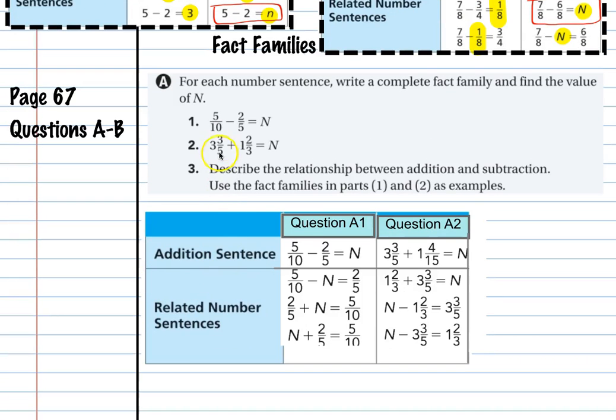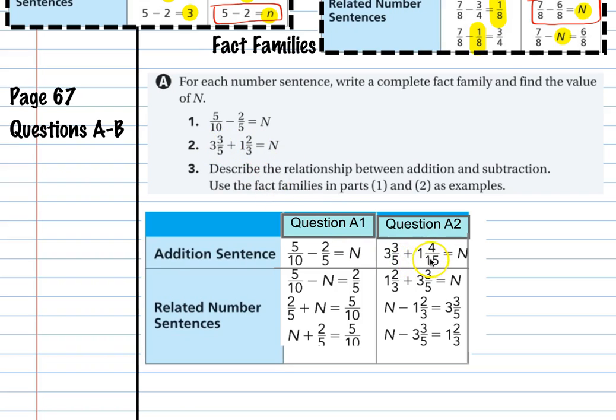Okay, so the original question, 5 over 10 minus 2 over 5. There it is, and here are the fact family statements. 5 over 10 minus n equals 2/5. 2/5 plus n equals 5 over 10. And n plus 2/5 equals 5 over 10. This is the one that we want to use to solve. Same thing for question 2.